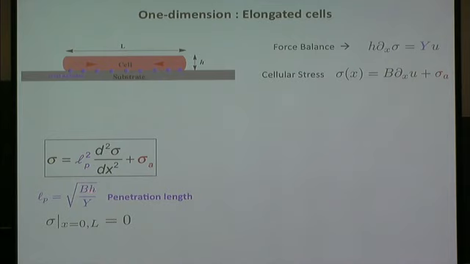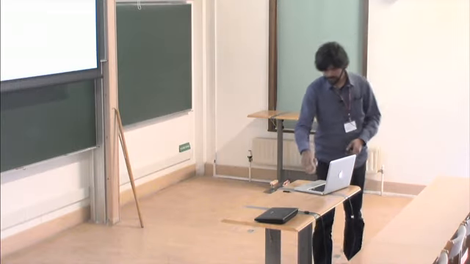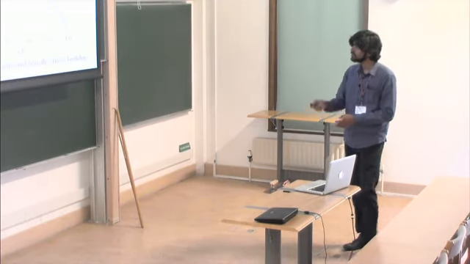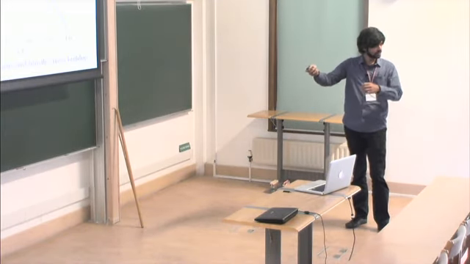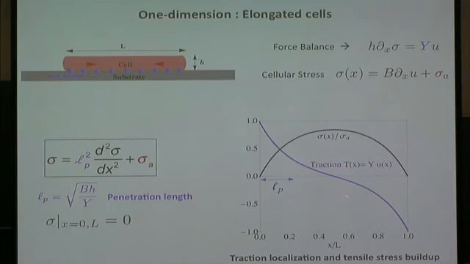On stiffer gels, if you solve the equation, you see a localization of the traction forces at the edges, as you saw in the experiments. And since traction is just the gradient of the stress, there will be a buildup of stress at the center of the cell layer. So that's the simple physics of why you'd see a buildup of internal stresses in adherent cells.